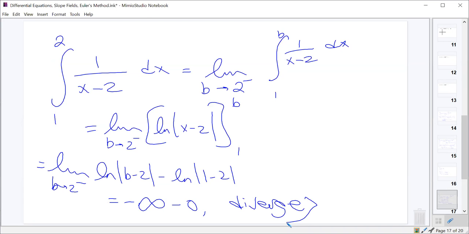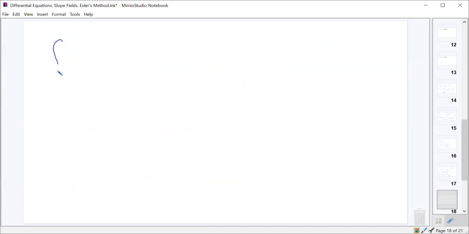Yeah. Okay. I'm going to give you guys one more to do. Let's do the integral from 1 to 3 of 1 over x squared minus 6x plus 8.